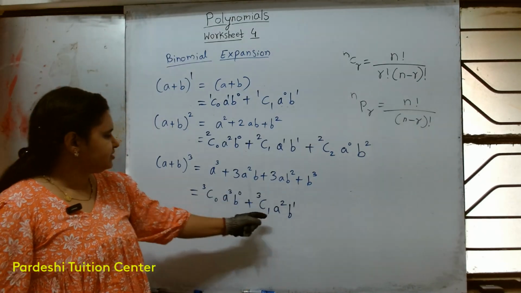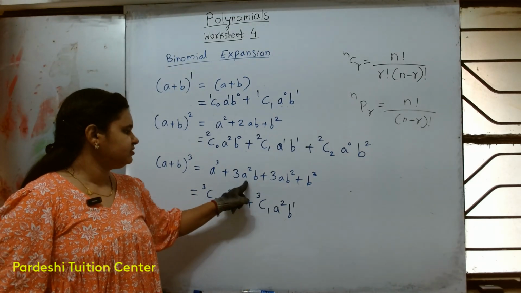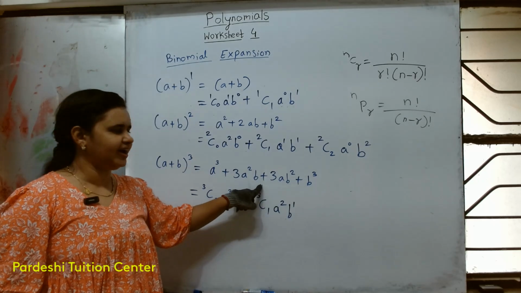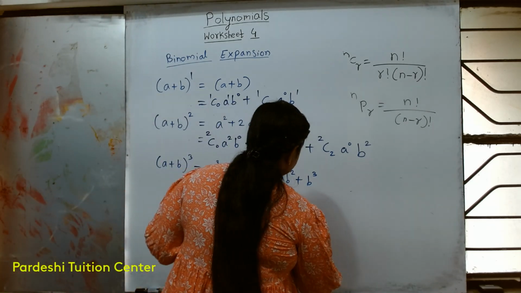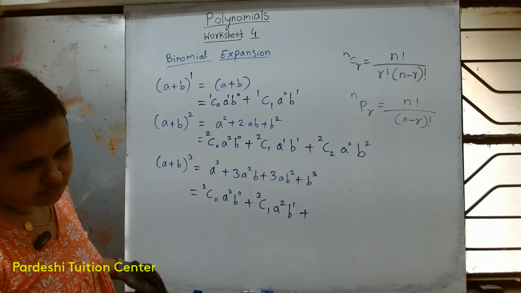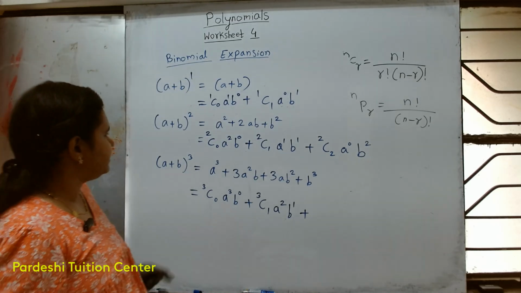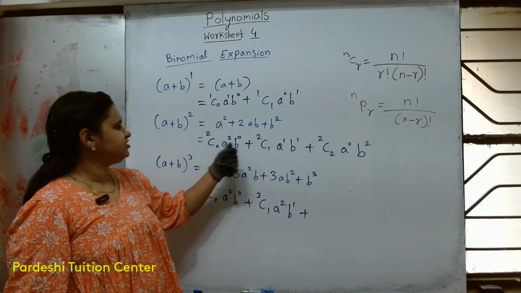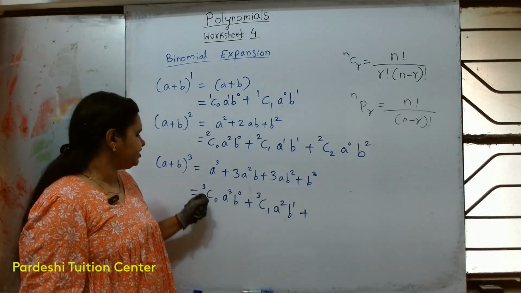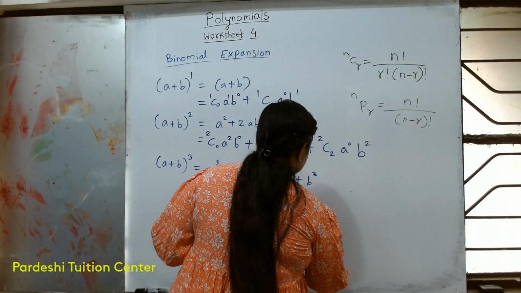Now let us check, here 3c1 was 3, a square, b to the power 1, it is matched. Okay. Now again, it was 2c0, 2c1, 2c2, so what will it be? 3c0, 3c1, 3c2. Okay.